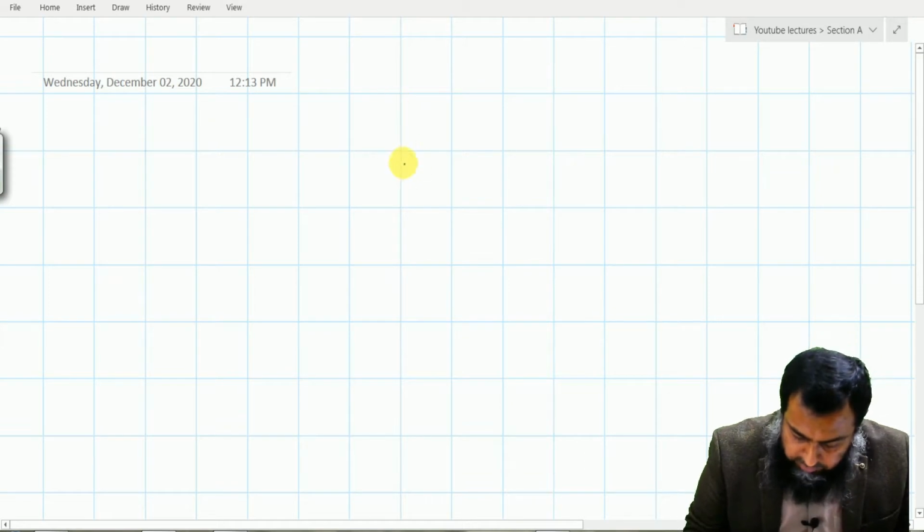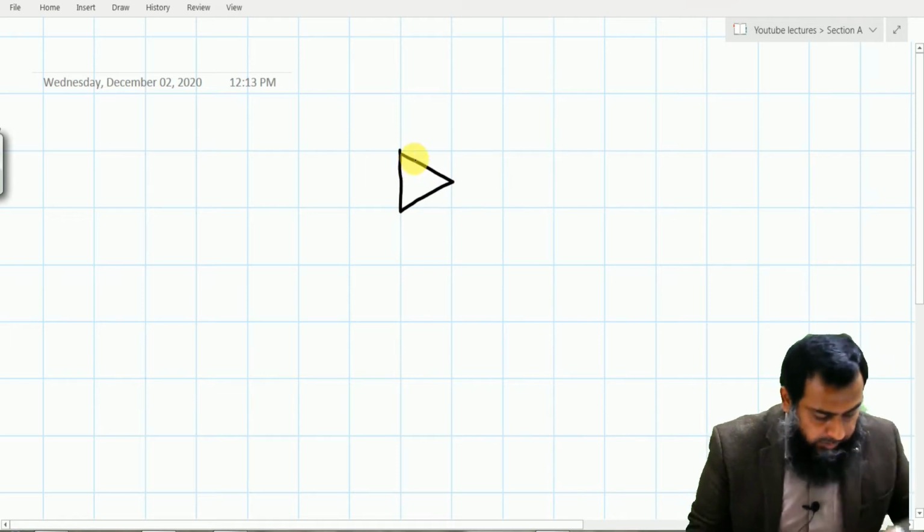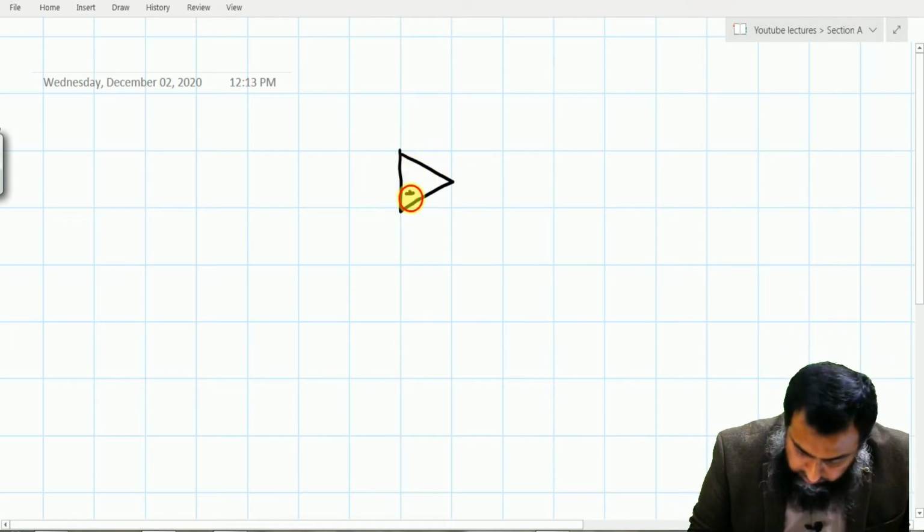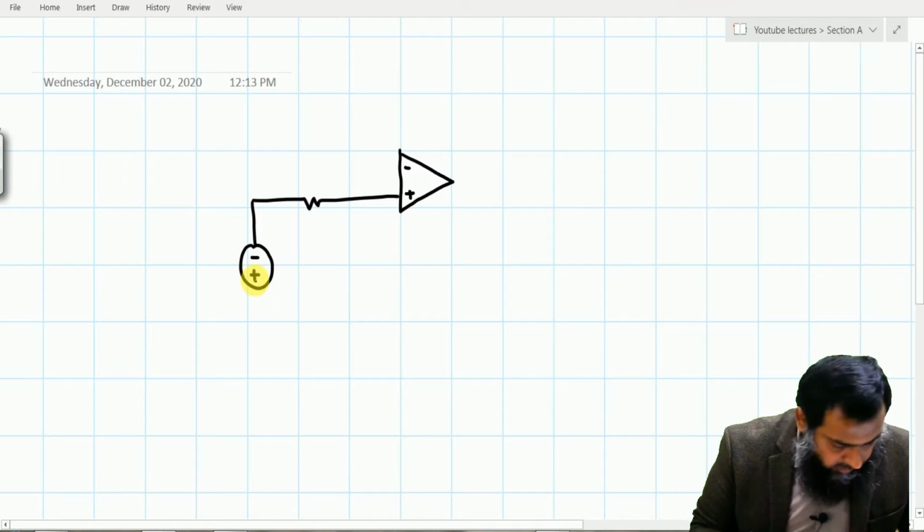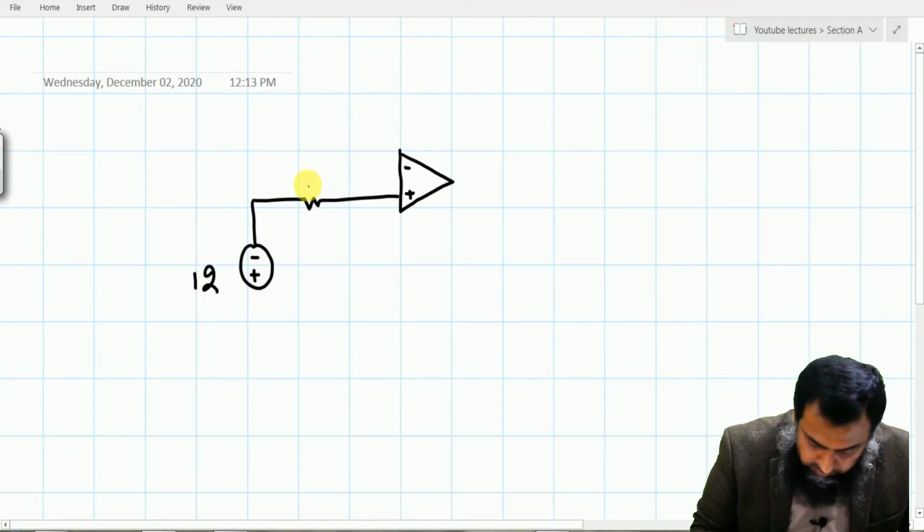There were two op amps in that given circuit. So let me draw this one. This is plus and this is minus. So we have minus 12 volts here. This was 40k.